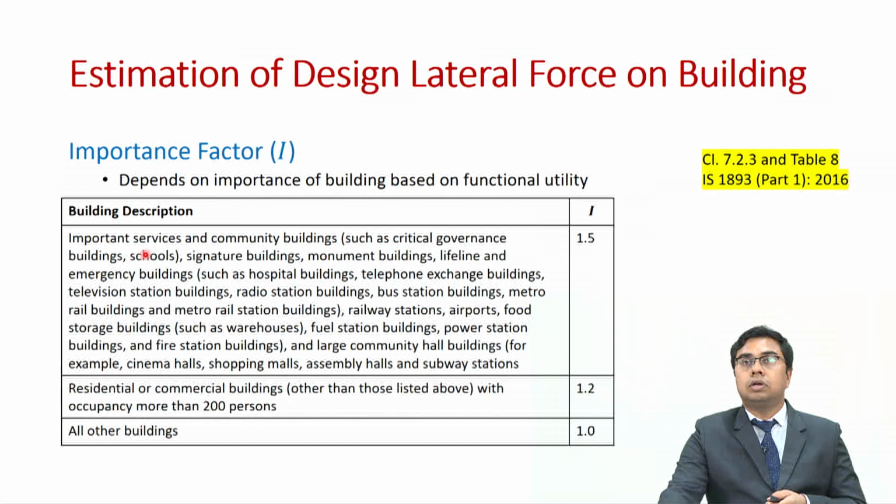For all other important buildings such as hospitals or school buildings or monument buildings or any lifeline and emergency building which you need after the earthquake, for example hospital buildings or a radio station building and so on, or a bridge in that case where you want the connectivity to remain intact, in that case the importance factor shall be equal to 1.5.